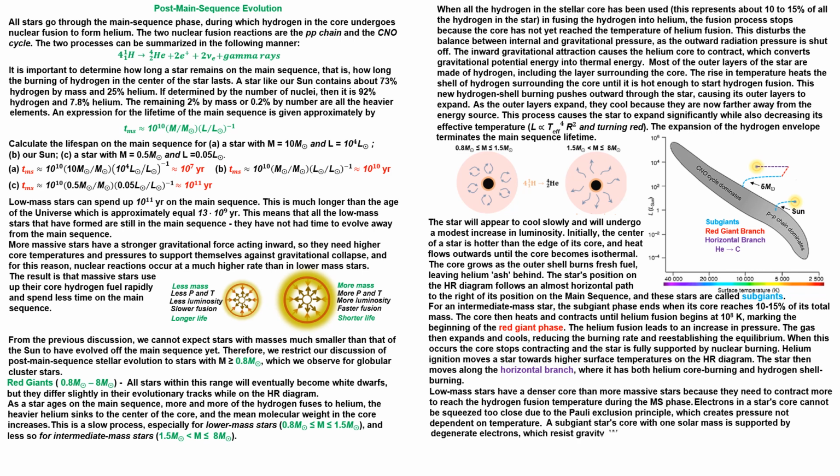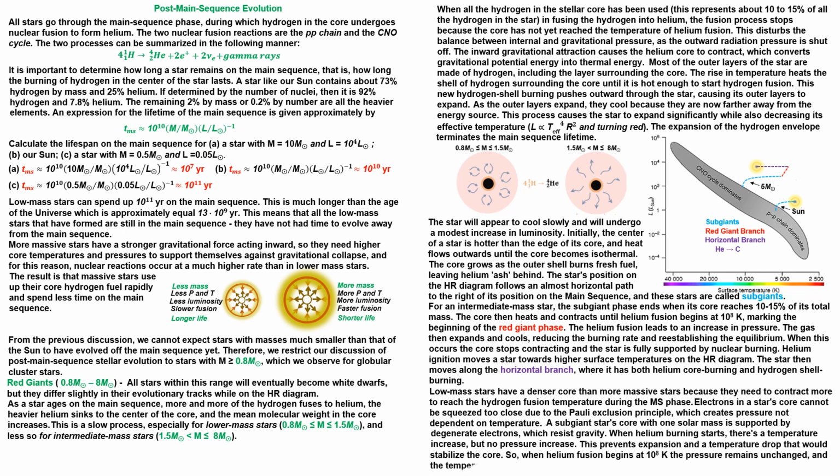When helium burning starts, there's a temperature increase, but no pressure increase. This prevents the expansion and temperature drop that would stabilize the core. So when helium fusion begins at 100 million degrees, the pressure remains unchanged, and the temperature rises rapidly in a runaway explosion called the helium flash.